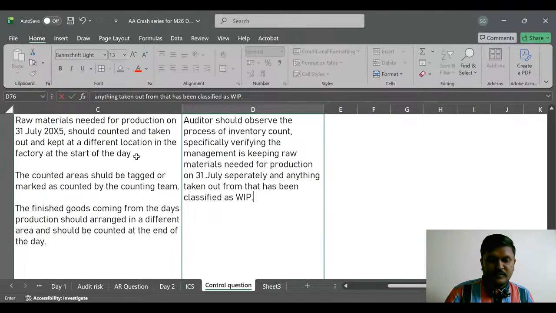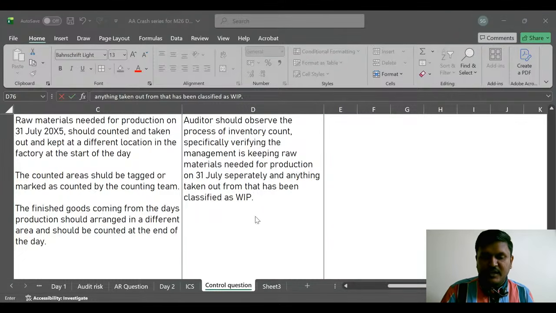So we can add that also over there. The raw material has been kept separately, and nothing taken from the raw material side has been transferred as work in progress.